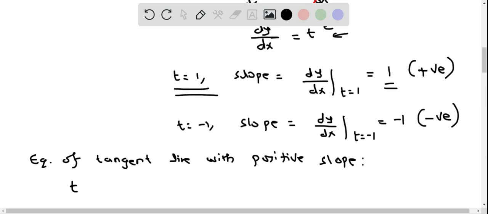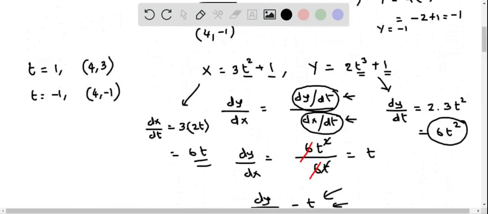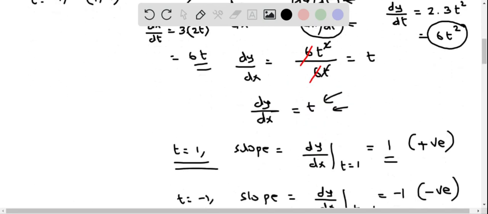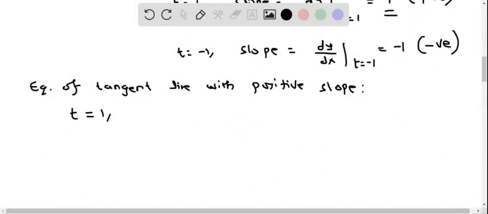So we are using the condition t equal to 1, and that means we have to use the point 4 comma 3. So the point is 4 comma 3, and then the slope is positive 1.